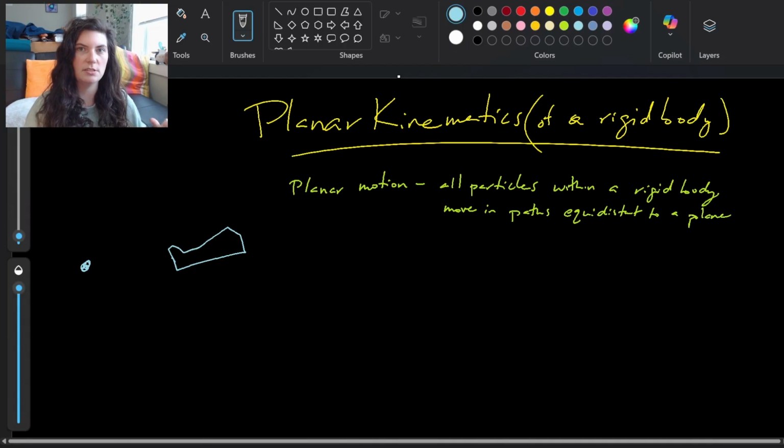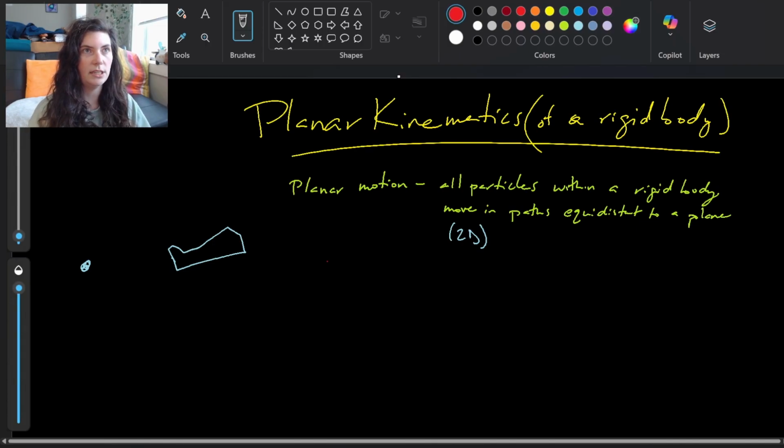All of the particles of that rigid body are going to move in paths equidistant to a plane. So this is mostly going to be 2D that we're looking at for now. We will look at 3D towards the end of our class, but everything we're looking at for now is pretty much in a planar sense of motion, in this kind of 2D sense of motion, for our rigid bodies.